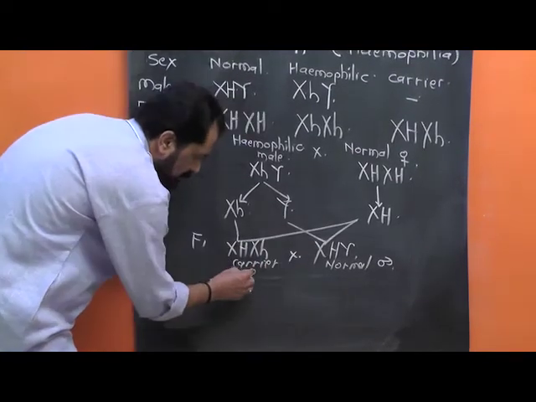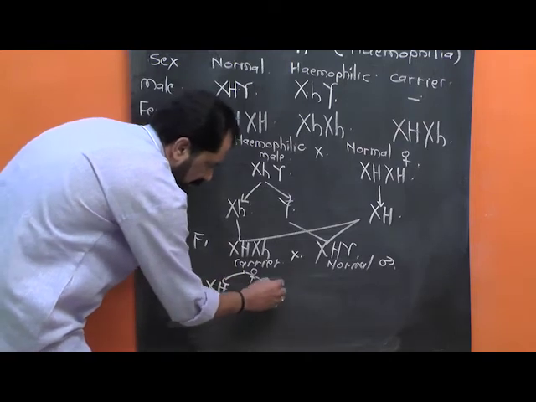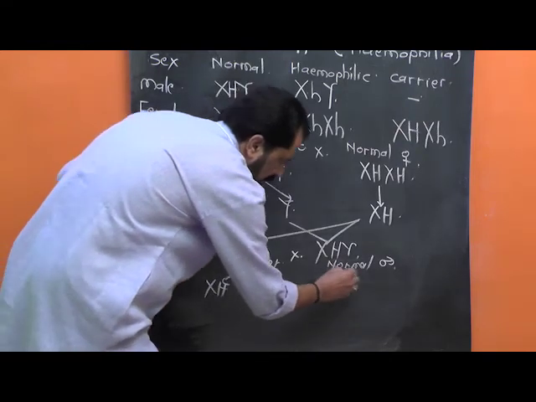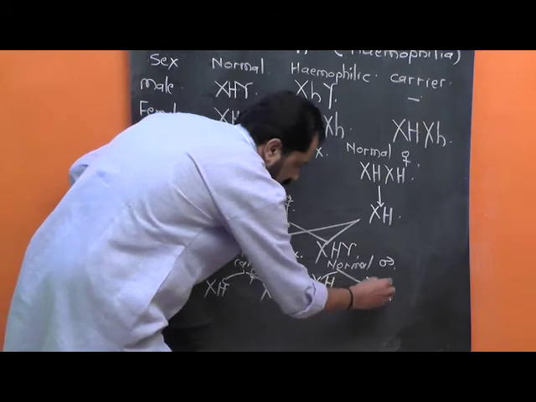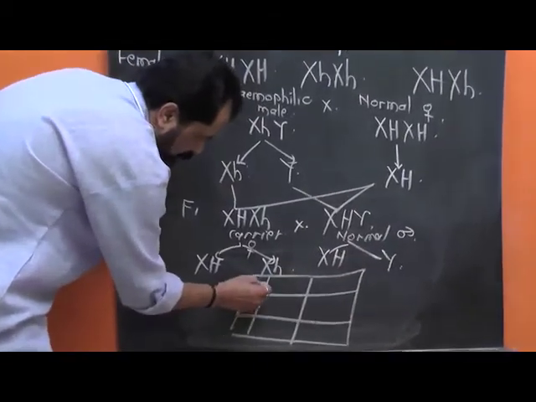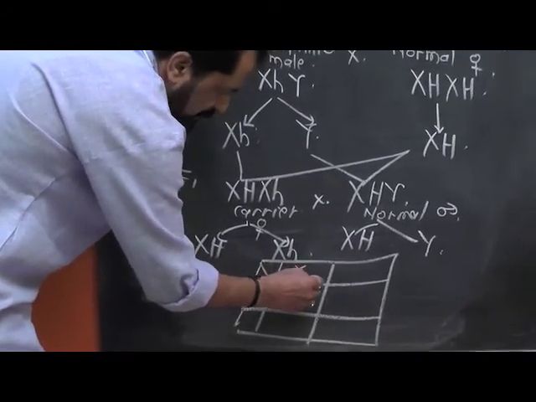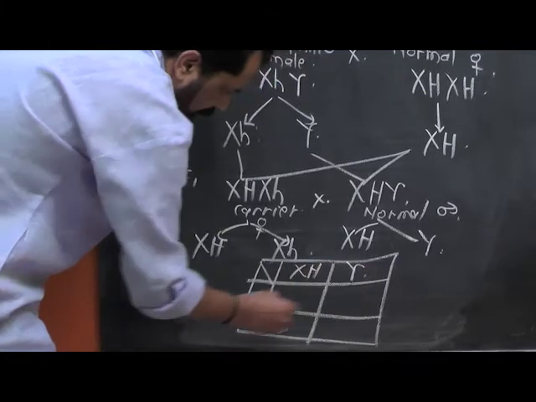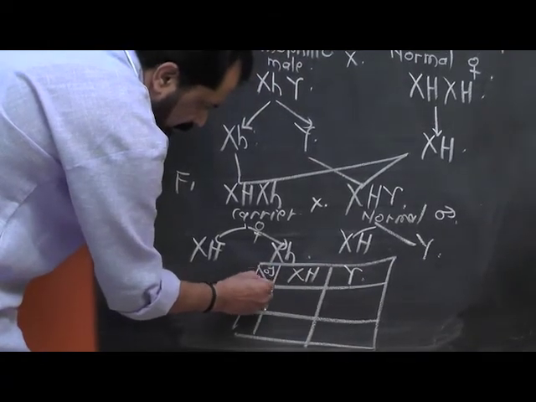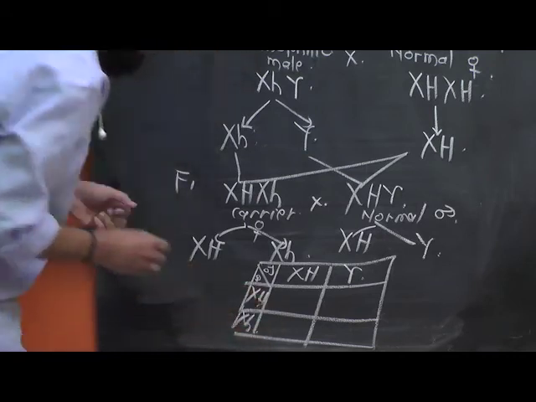Let us see. As usual, gametes X capital H, X small h, here X capital H, Y. Checkerboard. I am going to show here the male gametes at the top, X capital H, Y. Female gametes along the left side, X capital H, X small h.